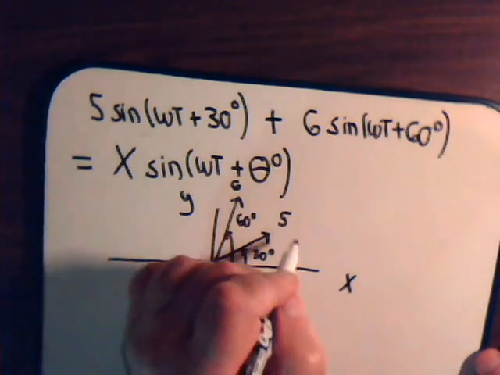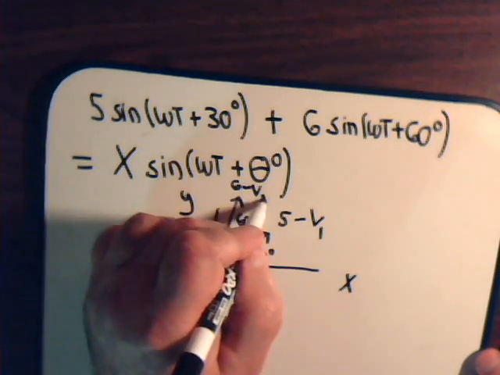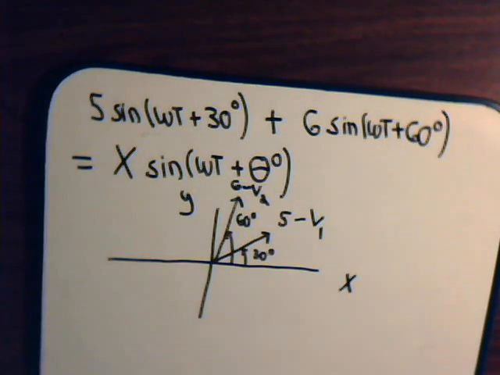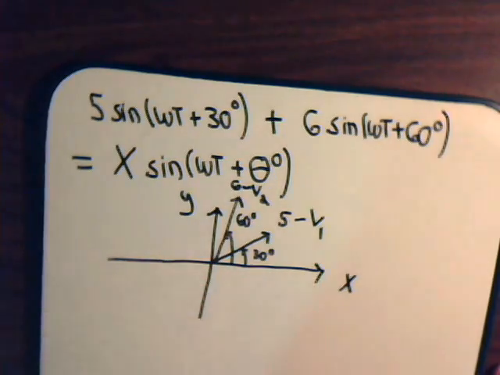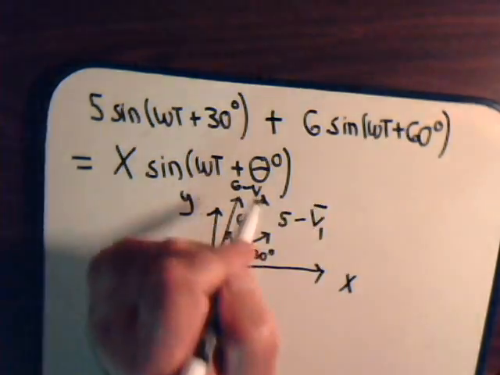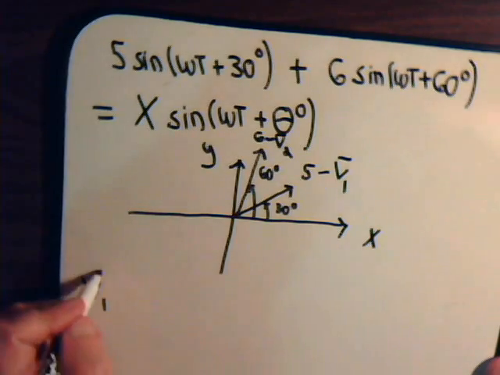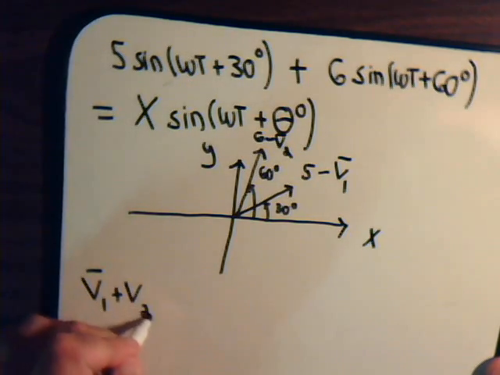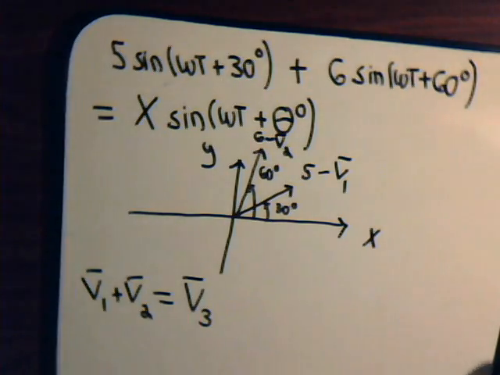So let's call this vector v1 and this vector v2. How can we add those vectors together? And of course, this is the y-axis and this is the x-axis. So we want to add vector v1 and vector v2 together, to give a new vector v3.